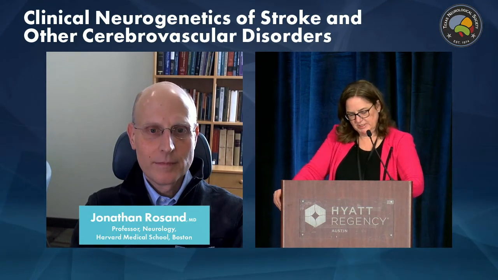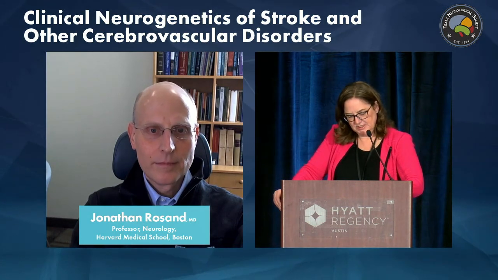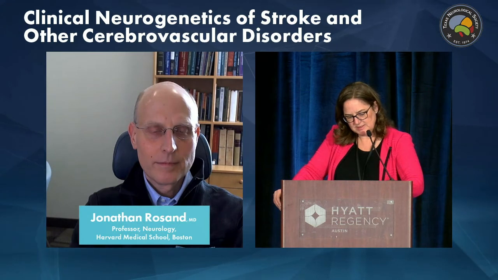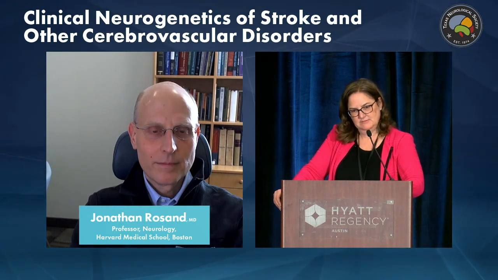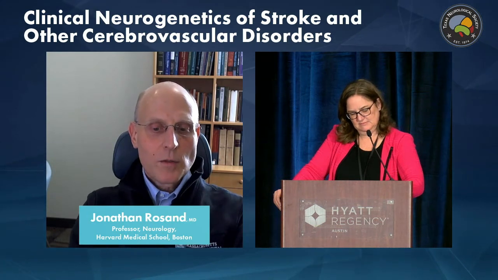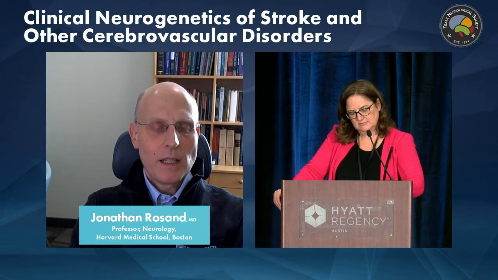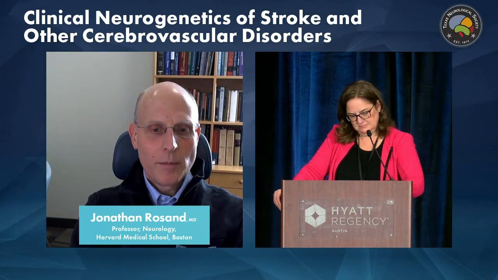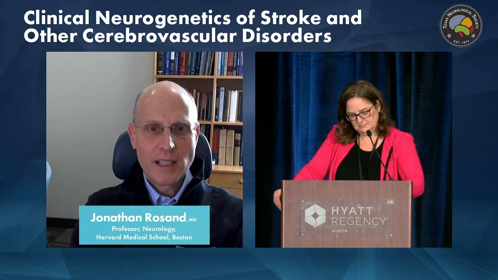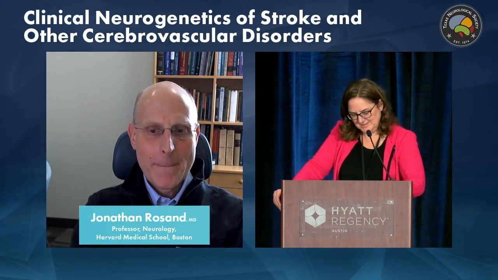That's an excellent point. What percentage of the heritability of stroke is currently explained by common variant SNPs? That's a good question. Probably between 20 and 30% would be where we're at, but stay tuned for GigaStroke. Excellent.